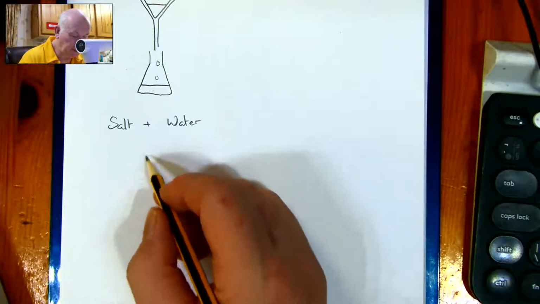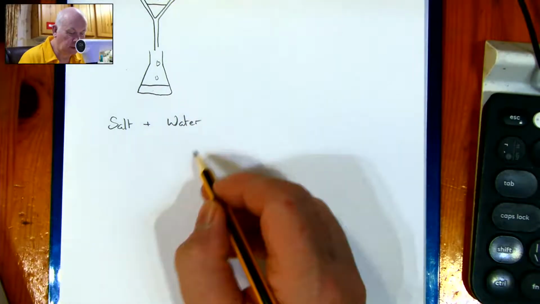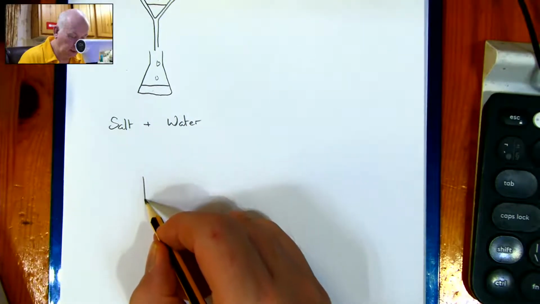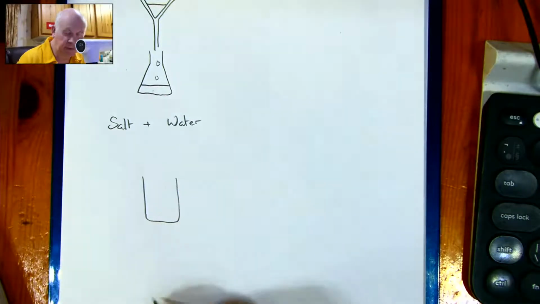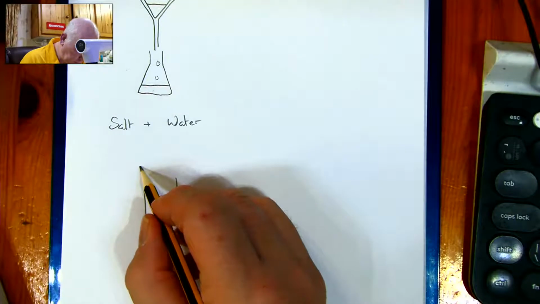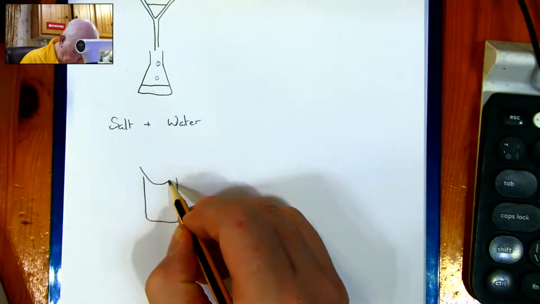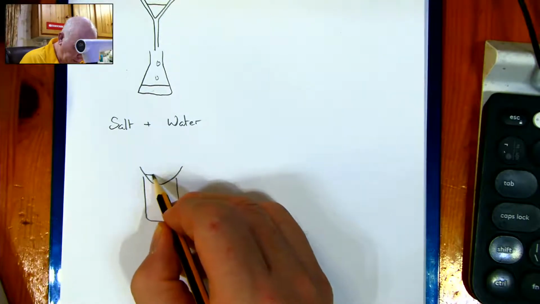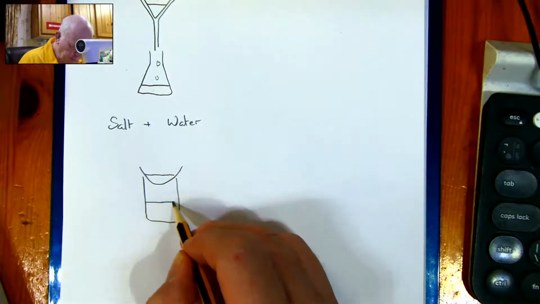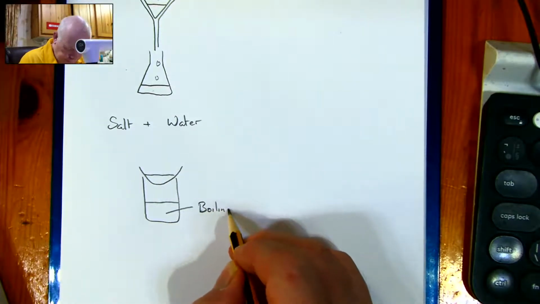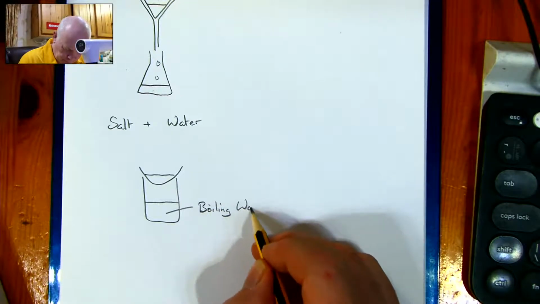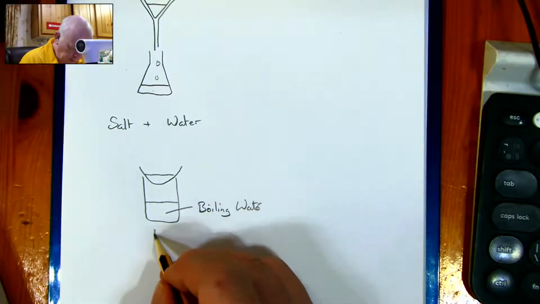Well, what we can do is evaporate the water. A sensible way of doing this would be to take a beaker, take something like an evaporating basin, and fill our beaker with some boiling water, and we heat it.